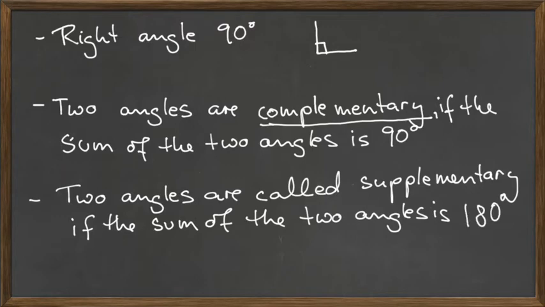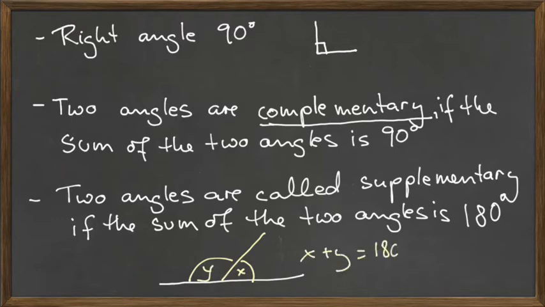So 180 degrees is basically when you have a straight line and you form two angles. These two angles, let's call them x and y. X plus y, they have to add up to 180 degrees. And these angles are called supplementary.